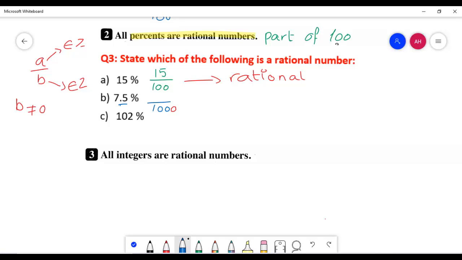And then I am going to write the 75 as it is without the decimal and without the percentage. I have reached the form of a over b, and a belongs to Z and b belongs to Z, and my denominator is not equal to 0. So 7.5% is a rational number.